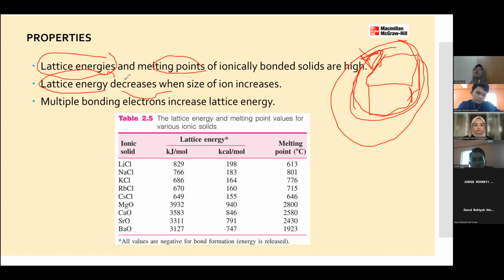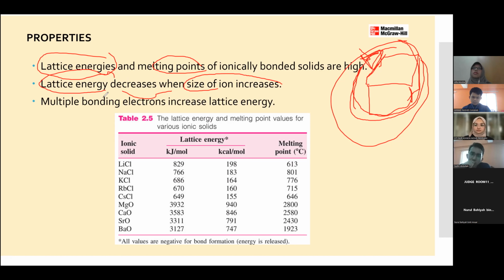Lattice energy is the amount of energy required when the positive and negative ions interact. When the size of the ion is small, of course we have a high lattice energy.